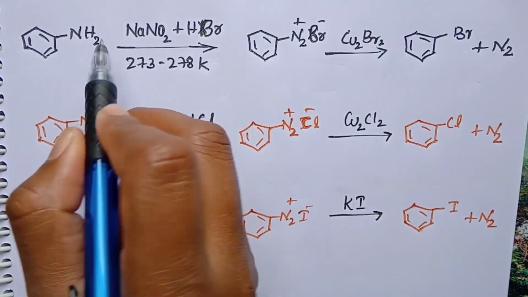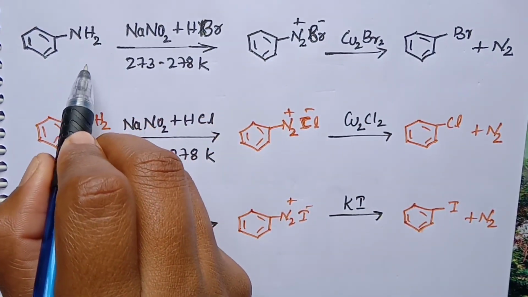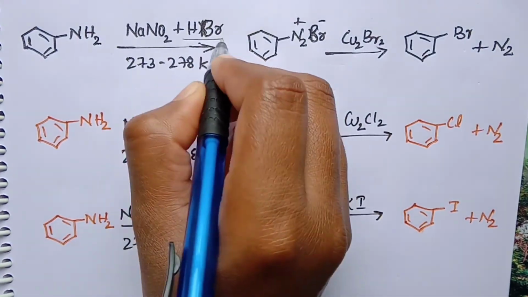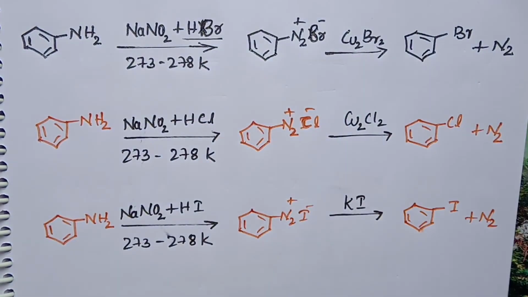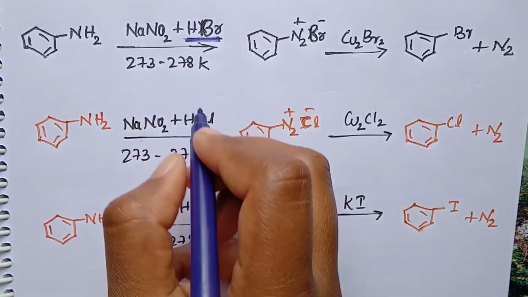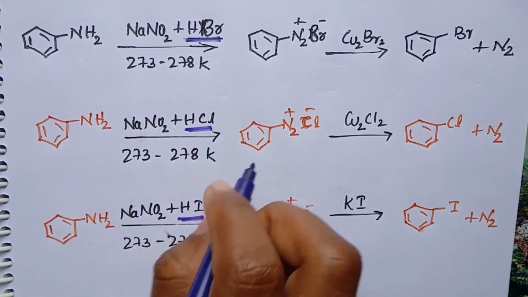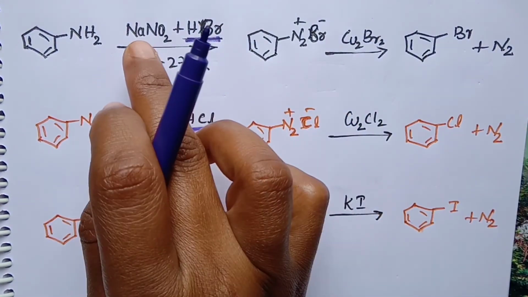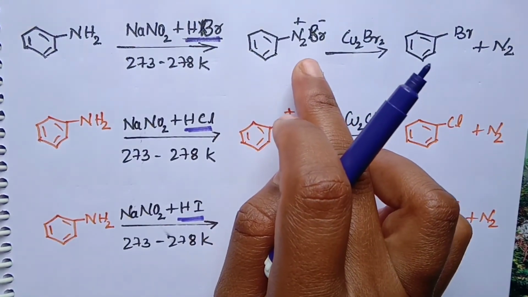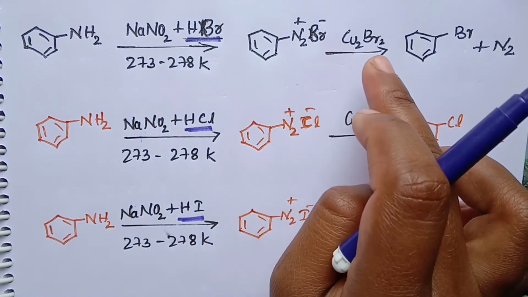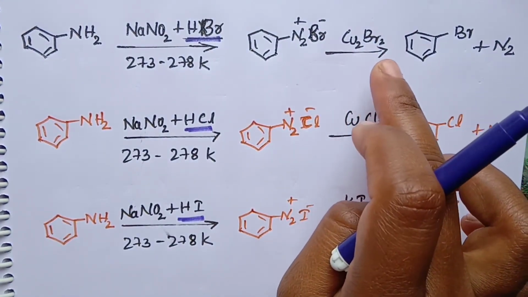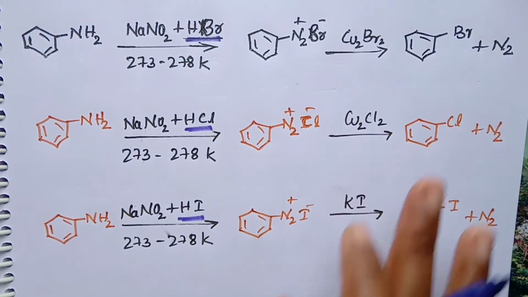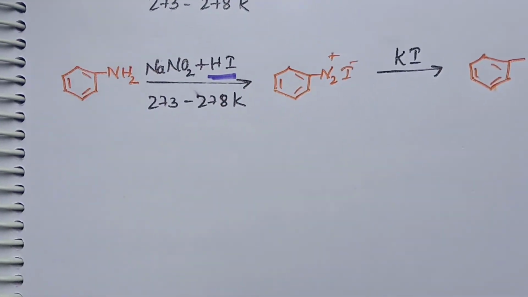Yes, let's start. Here the primary aromatic amine is taken, then HBr, HCl and hydrogen iodide, then treated with sodium nitrite at low temperature. Then they form the diazonium salt. Then cuprous bromide or cuprous chloride is added.